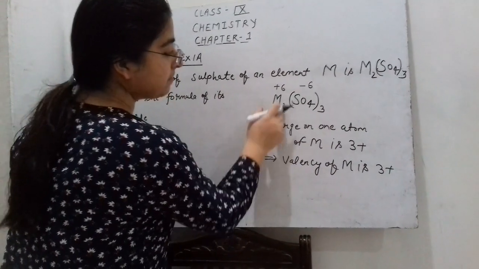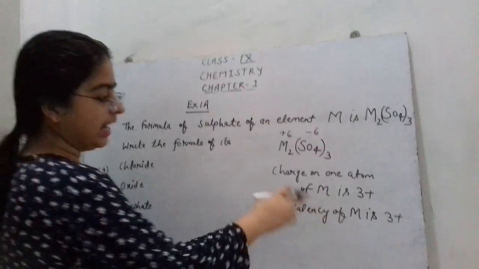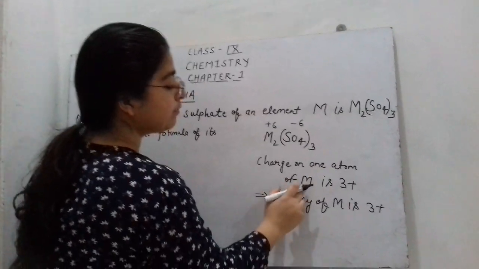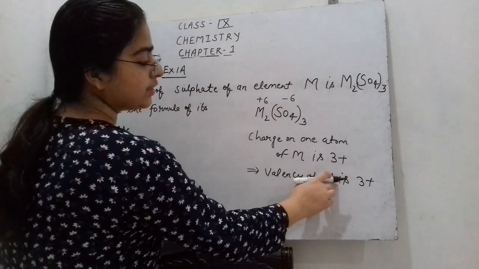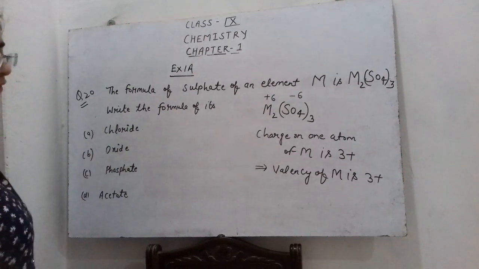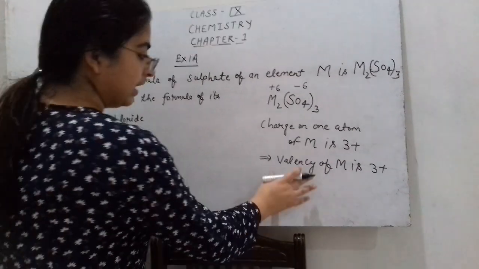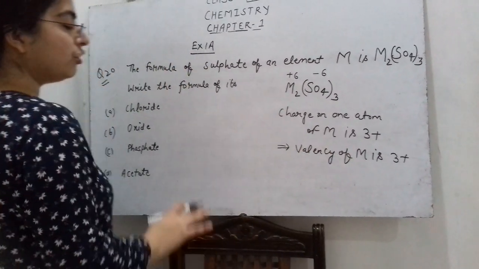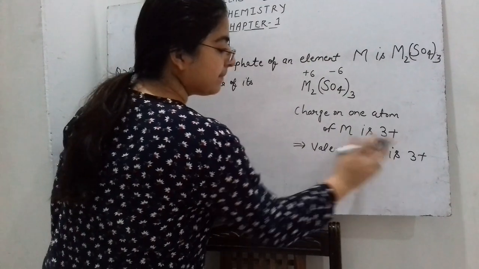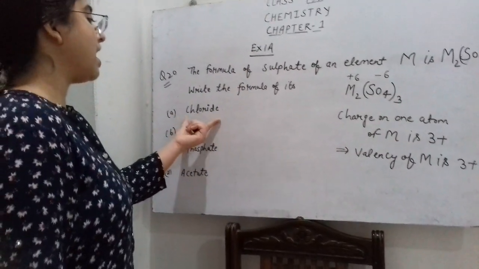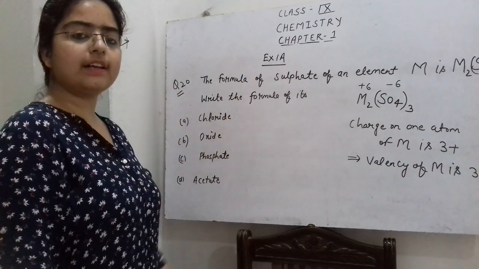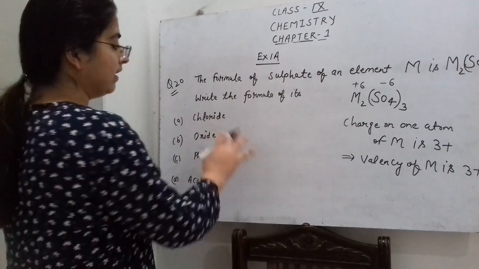Because for two atoms the charge is +6, the charge on one atom of M is +3. Therefore the valency of the element M we have found is +3. Now we know that the valency of element M is +3 and we also know that the charge on the chloride radical is -1.